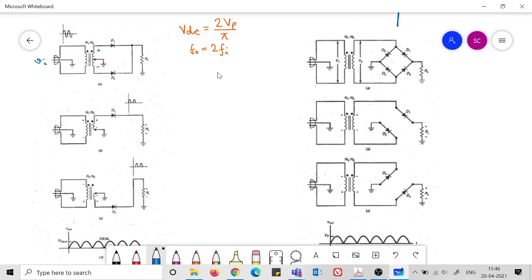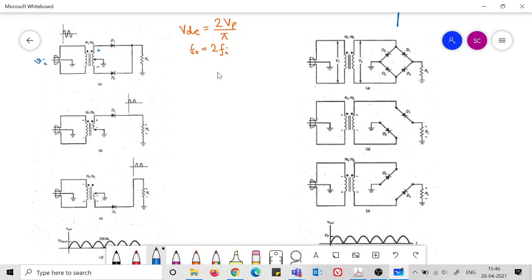So the diode D1 in the positive half cycle is forward bias or reverse bias? It is forward bias, because the plus appears at this place, and this point is more negative, and this point is connected to this point. So this is more negative than this point.